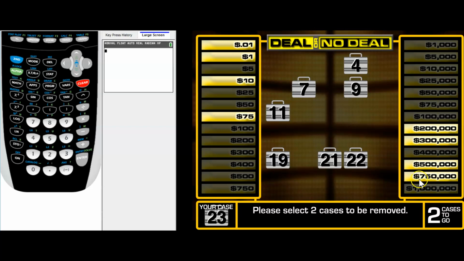So if we add up all of these cases, we've got 750,000 plus 500,000, another 300,000, another 200,000, and then these amounts, which really don't add too much to our total. So for the most part, the total of everything ends up being about 1,750,000. So this is an approximation.